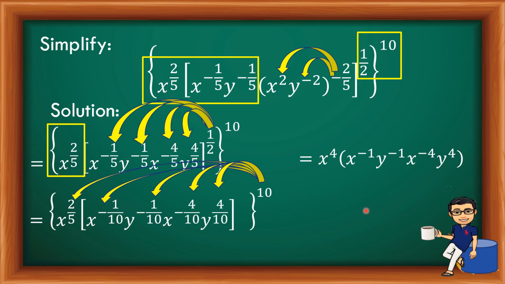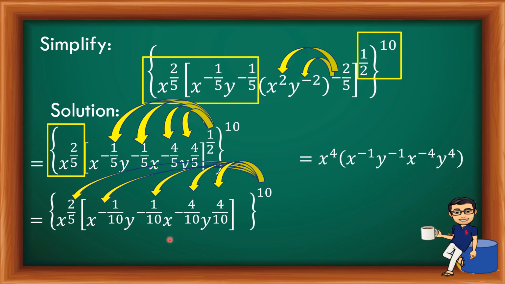So x to the 4th here. Then this one, x raised to negative 1/10, 10 times the exponent: 10 times negative 1/10 is negative 1. So this x became x raised to negative 1. The same with y raised to 1/10 times 10. They are the same. So it becomes y raised to negative 1.